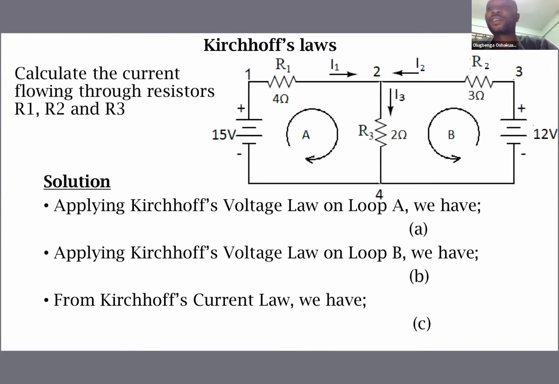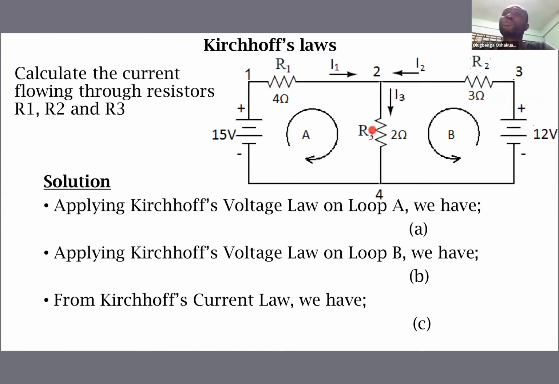Now look at this figure. We have resistors R1, R2, and R3. Then my question will be, R1 and R2, are they in series or in parallel? R1 and R3, are they in series or in parallel?